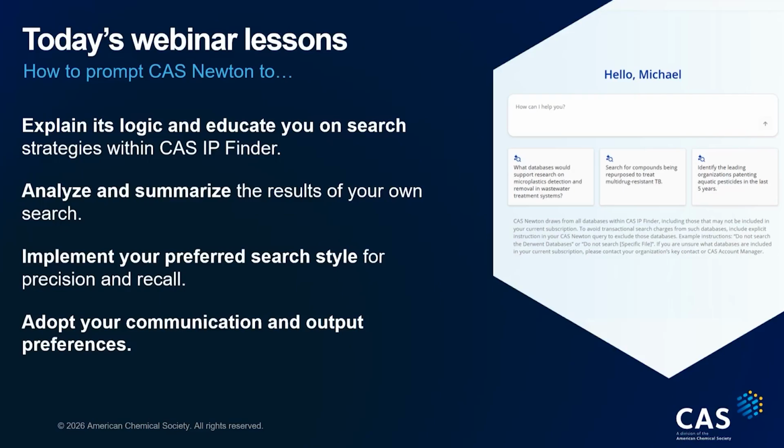Newton does support non-English language, but it also can adopt whatever tone you provide or whatever sort of output or response you prefer from Newton. So for example, you can tell Newton, always respond to me with some key takeaways or an analysis or some recommended next steps, for example.